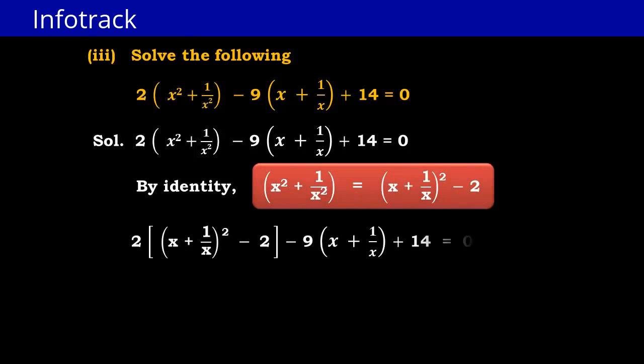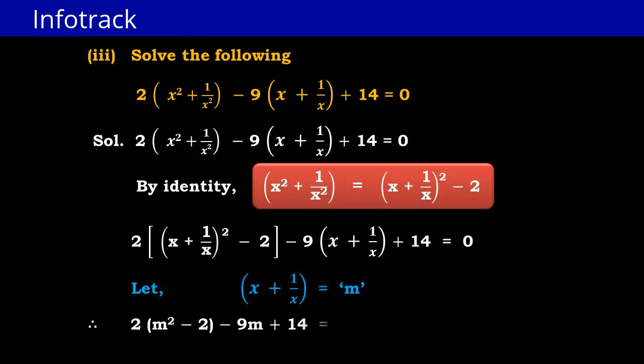We get 2 into bracket x plus 1 upon x the whole square minus 2, bracket close, minus 9 into x plus 1 upon x plus 14 is equal to 0. Now we can assume x plus 1 upon x is equal to m. So we get the equation 2 into bracket m square minus 2 minus 9m plus 14 is equal to 0.